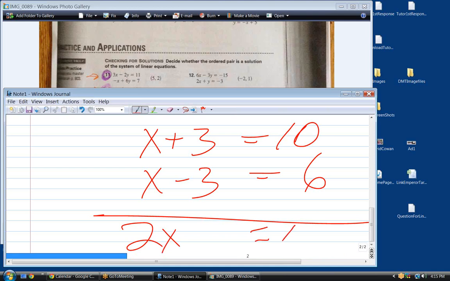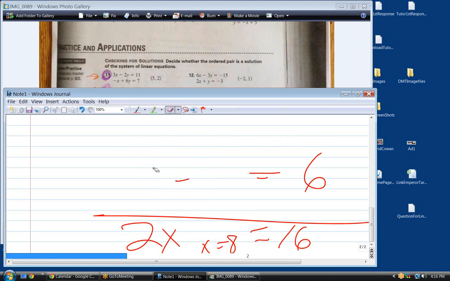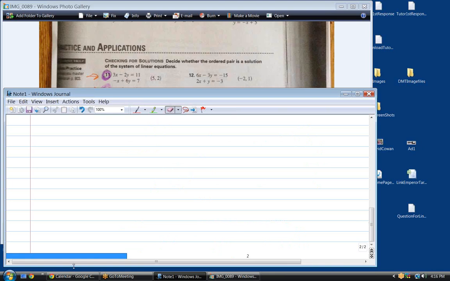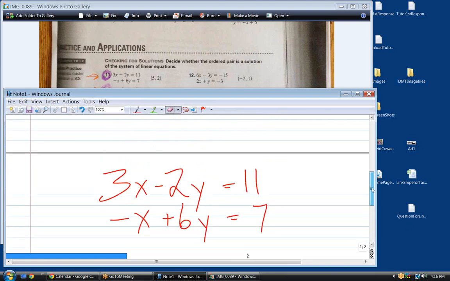Add the right side, I get 16. X equal 8. And you'll see that 8 works. Whoops. What did I do? Added the two equations. Now I have 2x equals 16, x equal 8. Well, the problem I made up in my head didn't go so well. So forget that. Let's go back to this problem we have.